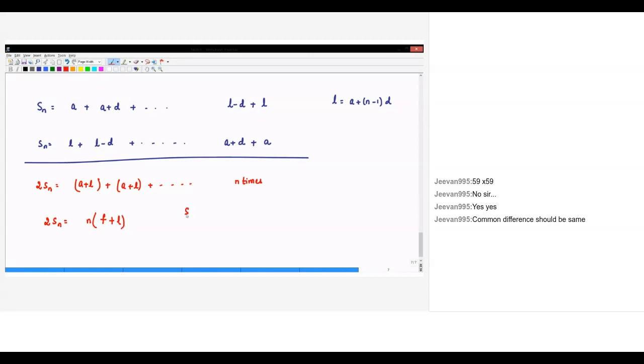So sum of terms when first and last terms and number of terms are given, you can say first term plus last term by 2 into number of observations.